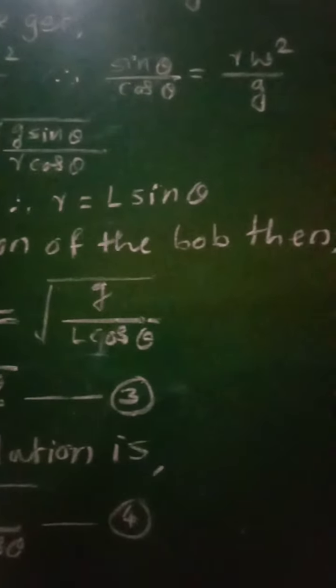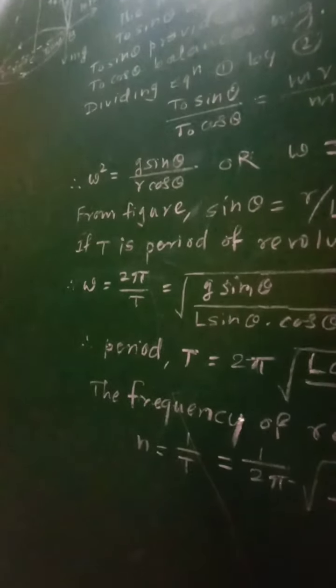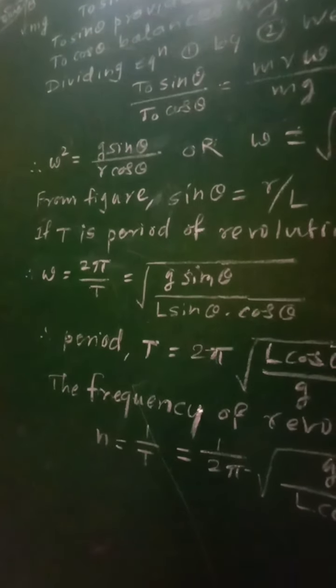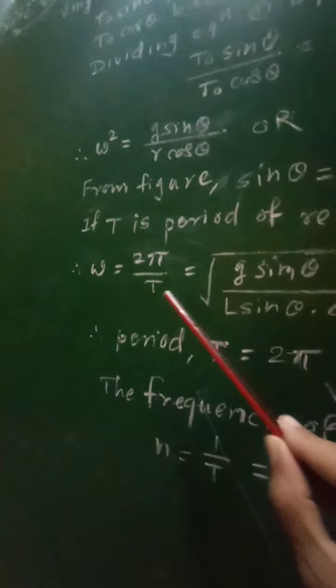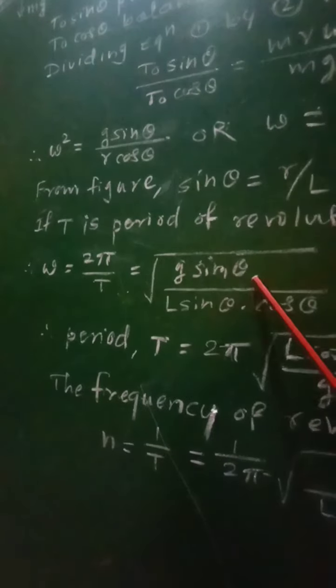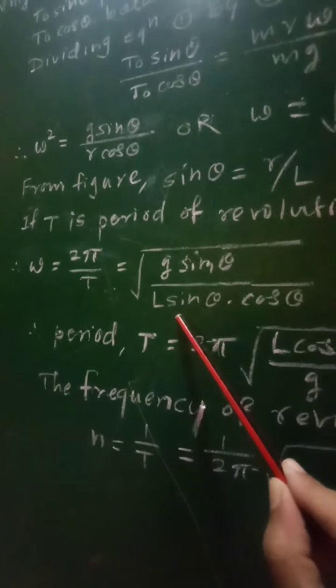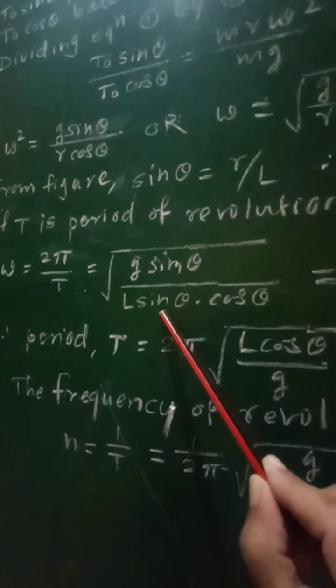Then if T is the period of revolution of the bob, that is the time taken by that bob to complete one revolution, then we know the formula omega equal to 2 pi upon T. So that will be equal to square root of g sin theta upon L sin theta into cos theta. This is the value of r.